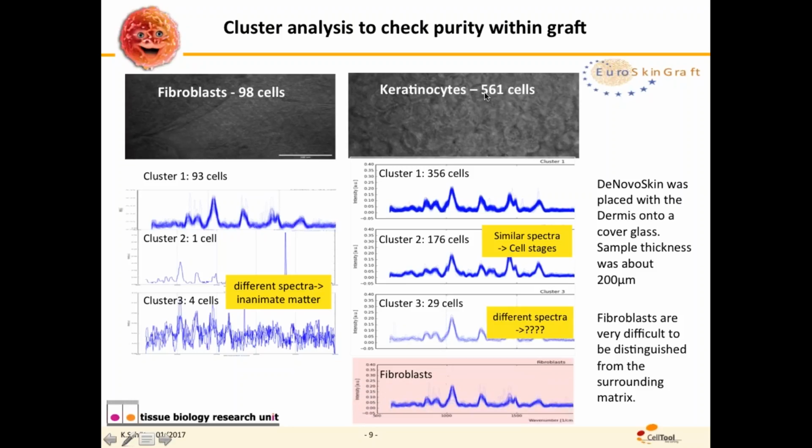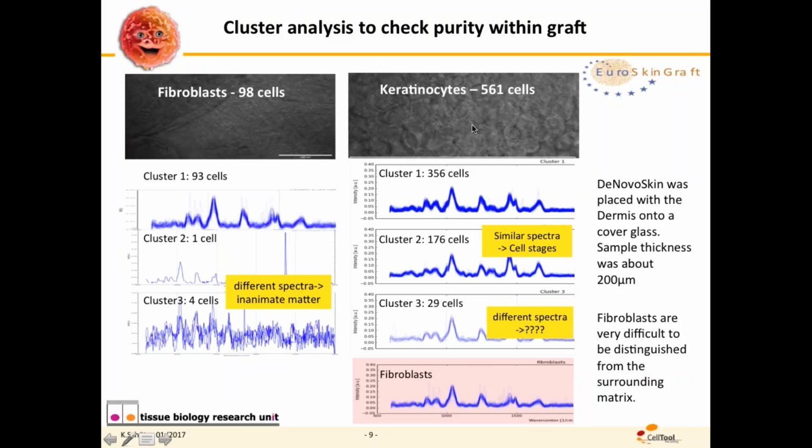And as you can see here in the keratinocytes, which is on the top layer, we found these kind of spectra which are similar due to stage, but then we found a different kind of spectra. And when we compared this, we saw these correspond to fibroblasts. And that is the good thing about our system, we always make images or pictures from each of the measured areas.